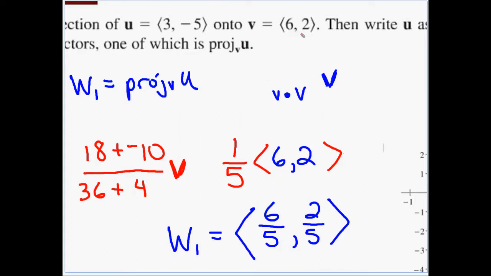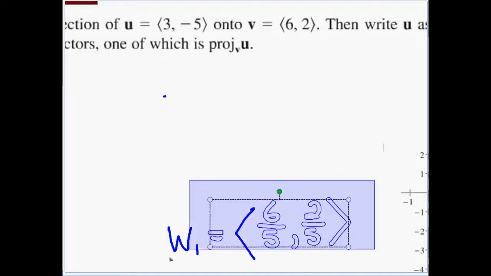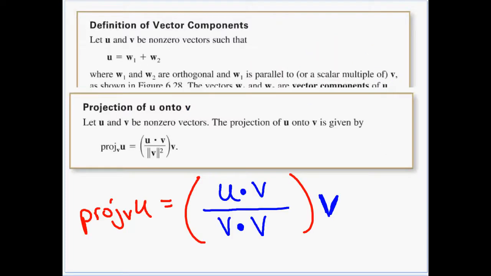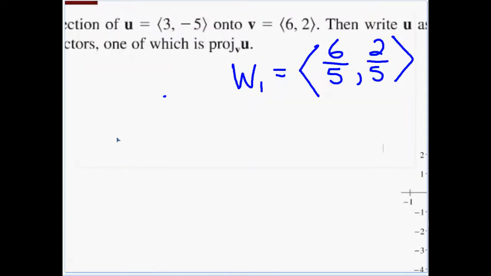Okay, so I'm going to clear this out and put this up here for safekeeping. Now I'm going to flick back to this. Vector component 2 is vector u minus the component that we just found. So let's go back to this problem.